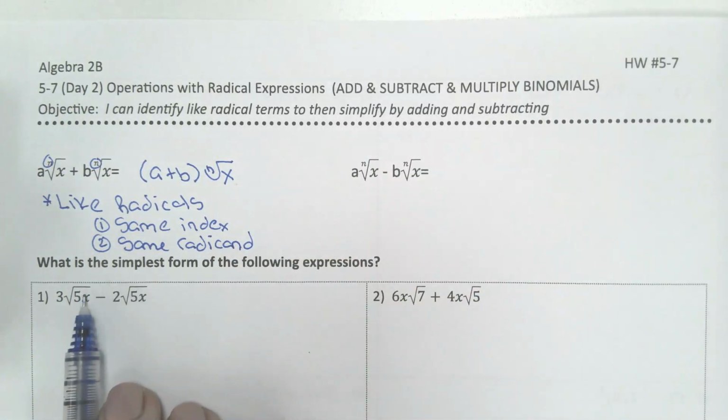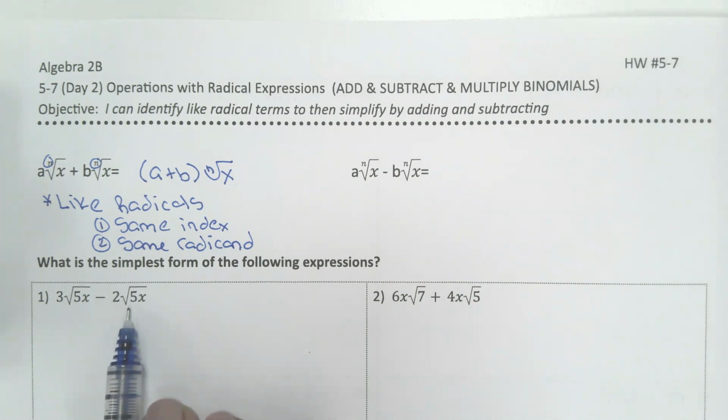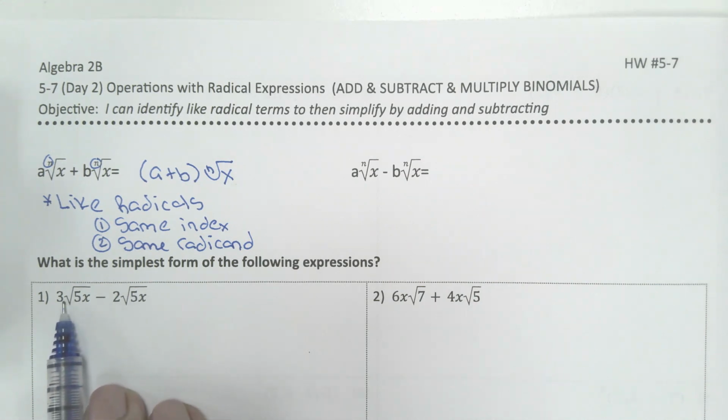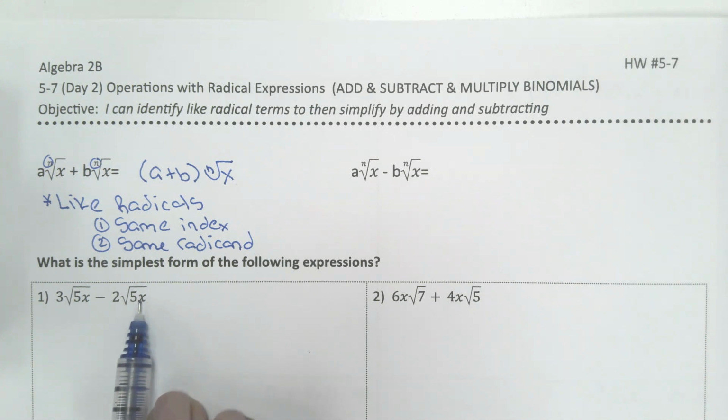So recall that the radicand is the numbers under the radical. So if you glance down here at number one, these are examples of like radicals. They're both an index of 2, and there's a 5x under each of them. So I will be able to add these two together.